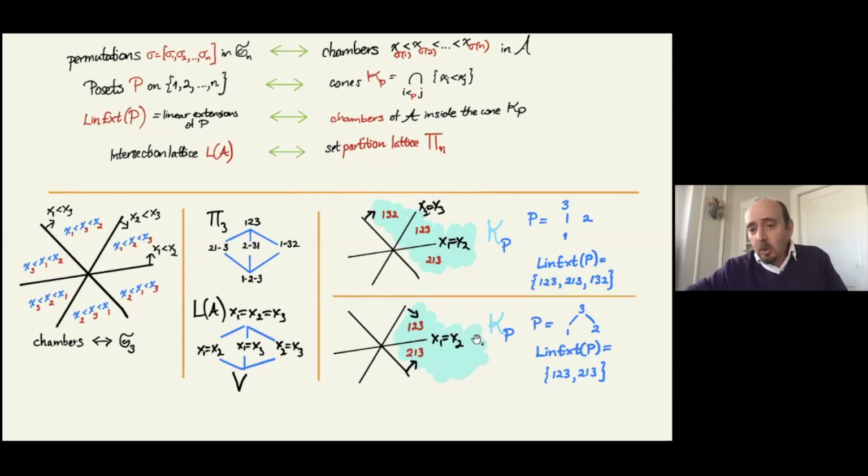And so that cone corresponds to the poset in which 1 is less than 3 and 2 is less than 3, no other order relations. And the chambers inside this cone correspond to those permutations which are linear extensions of this poset. The whole picture is not hard to see once it's pointed out to you. It's pretty easy to check that all these things work. Good, so posets correspond to cones in the braid arrangement.